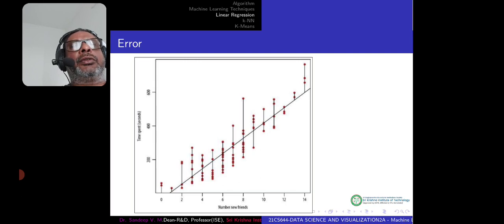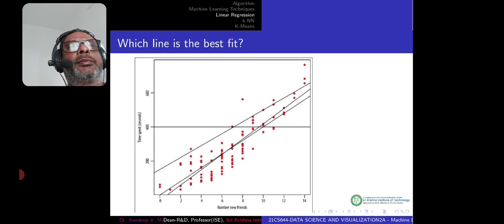For doing that, for any given beta naught, beta 1 combination, we get a straight line. For that straight line, from every data point find the difference and square them, add them all, and from all the lines, find out whichever gives minimum error.